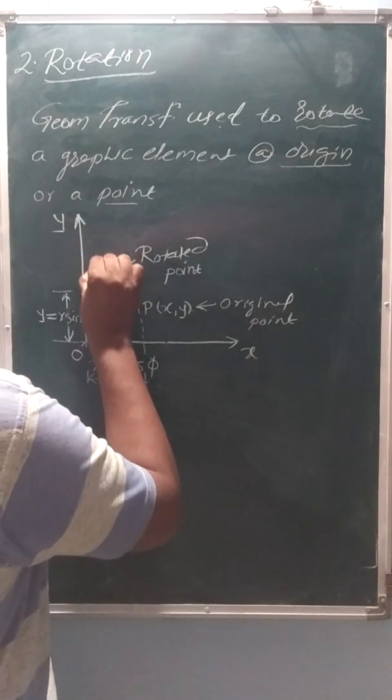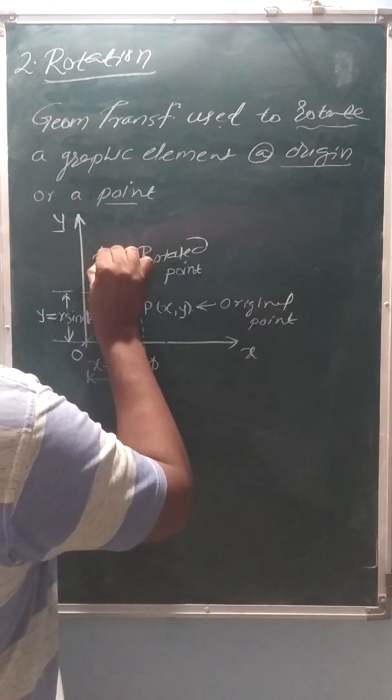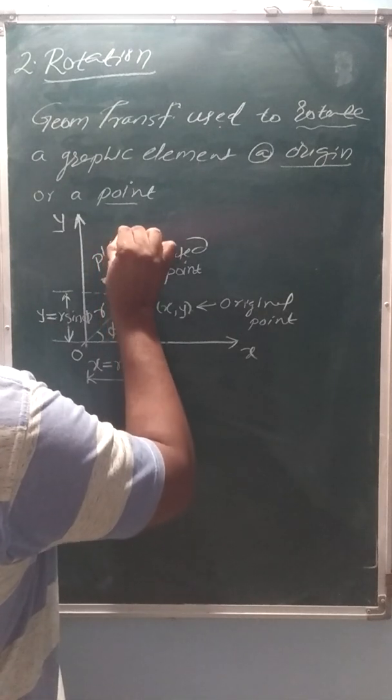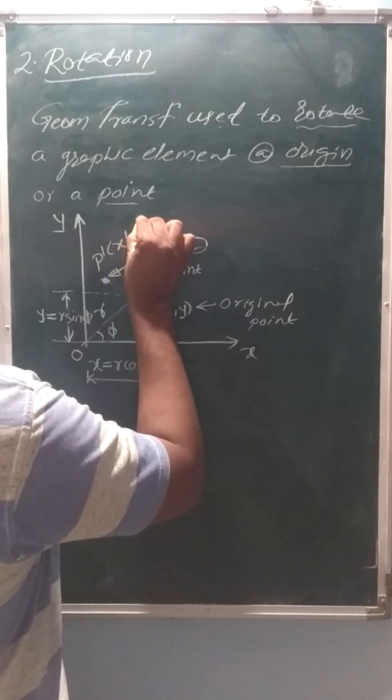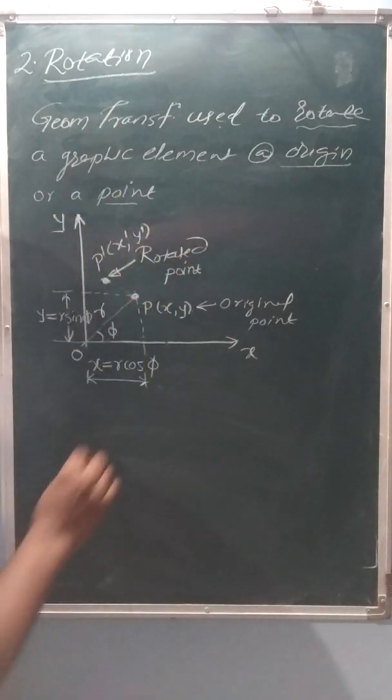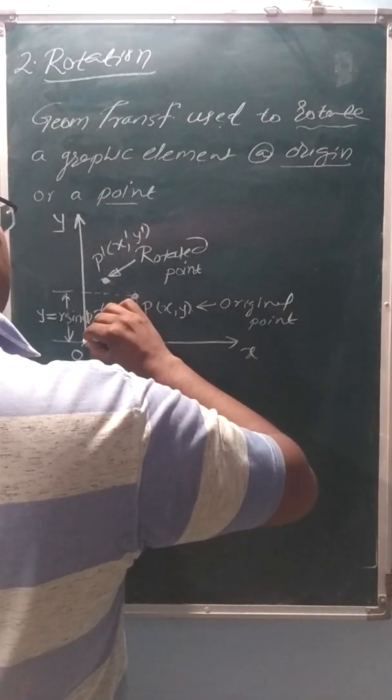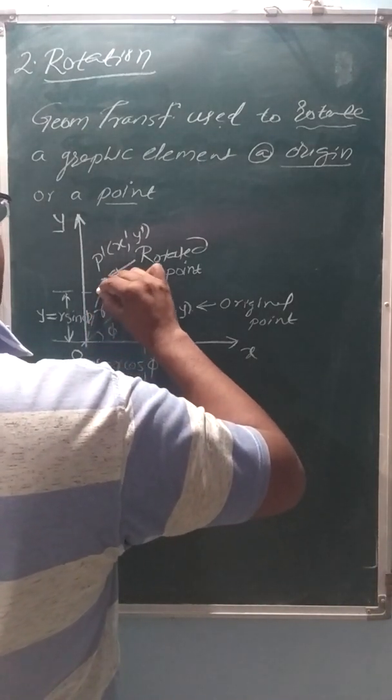We'll denote this as P dash with coordinates x dash, y dash, and this distance will remain as it is.